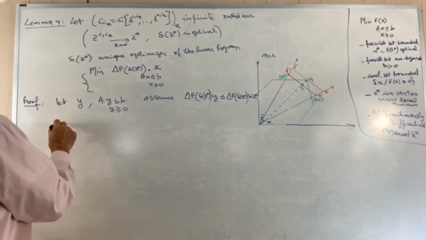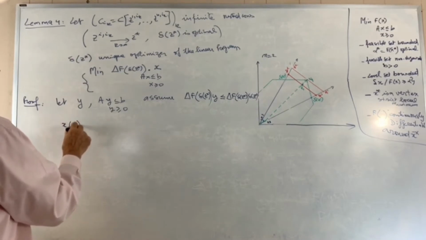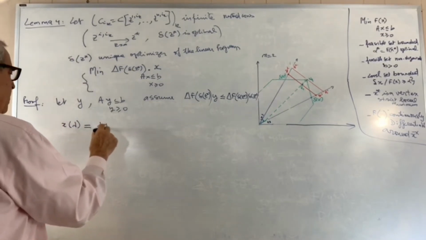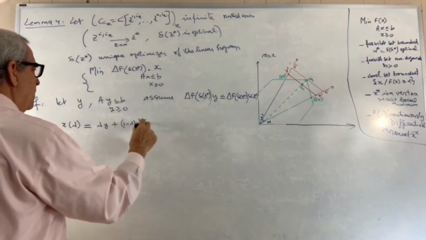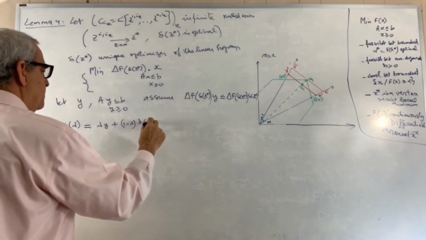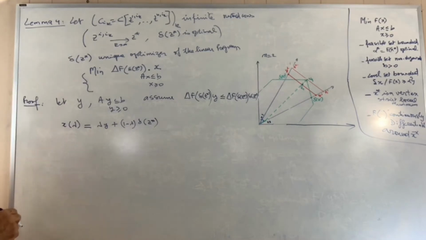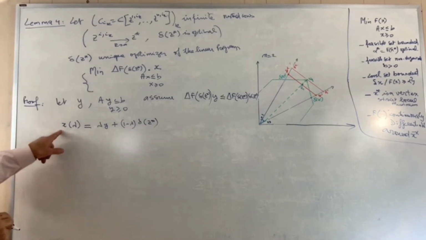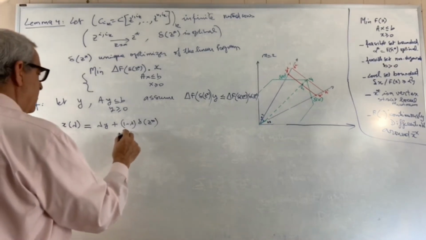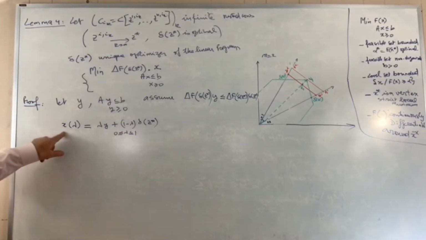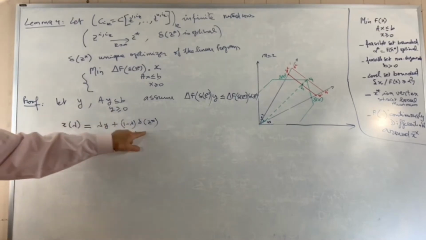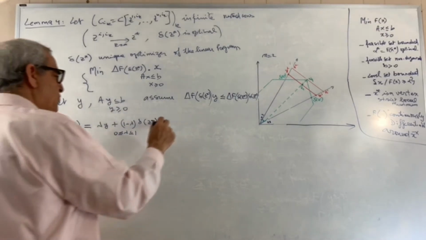So now if we let x of lambda equal lambda y plus 1 minus lambda times delta of z star, okay, a linear combination, and lambda between 0 and 1. So y is feasible and delta z star is feasible. So this is a feasible point.